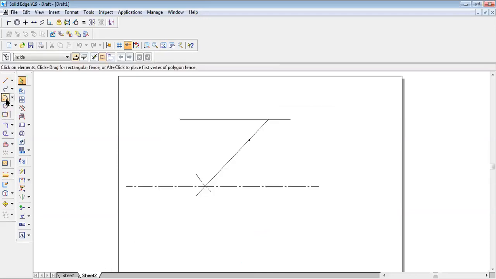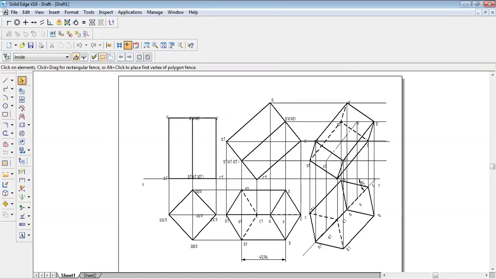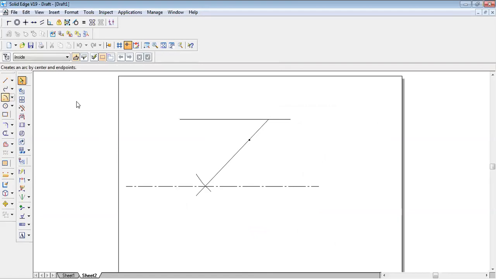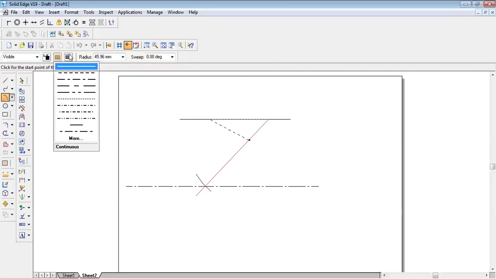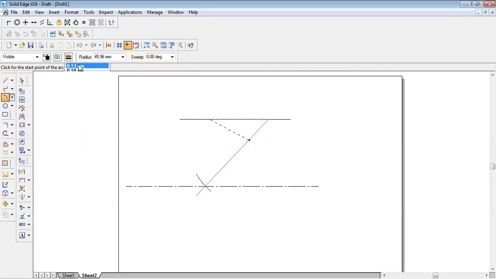So take an arc here, center point, and radius 45.96. Enter. Cut this line.